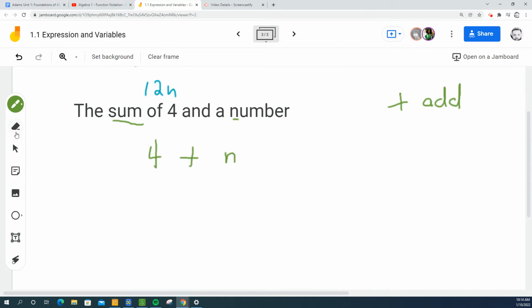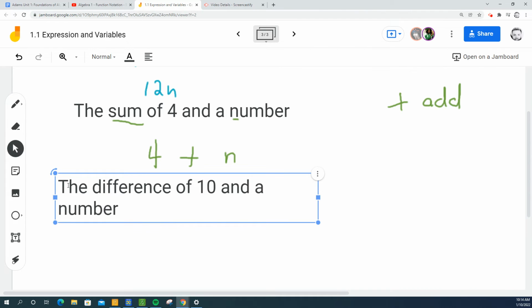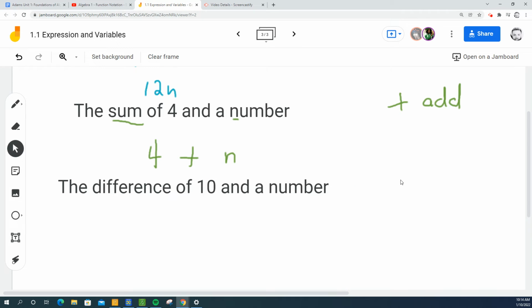Now, this next one is going to be a little trickier because order matters on this next one. Let me type it first and we'll have a discussion about it. So the difference of 10 and a number. This basically looks the same, but now you're using the word difference.